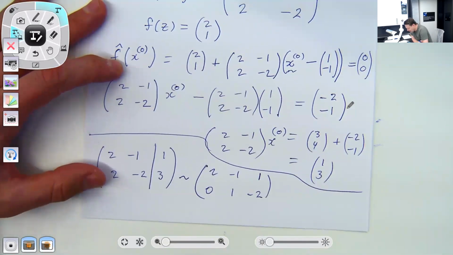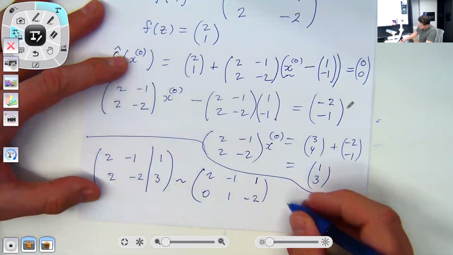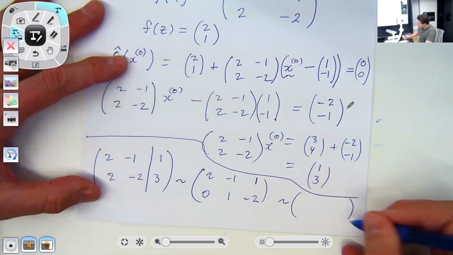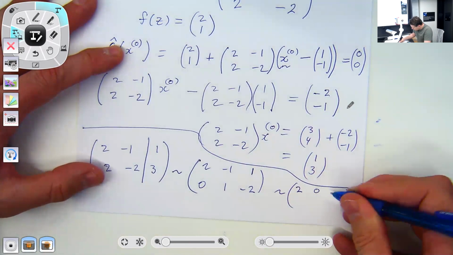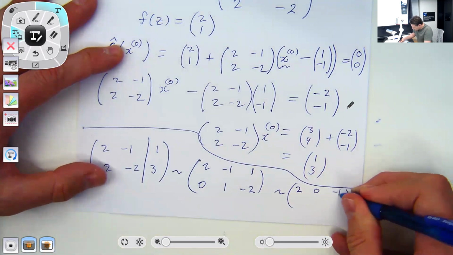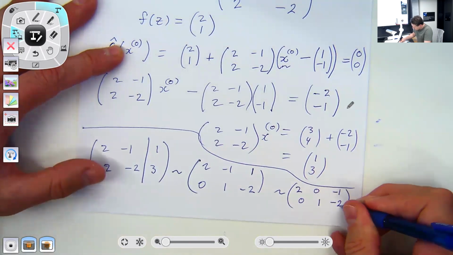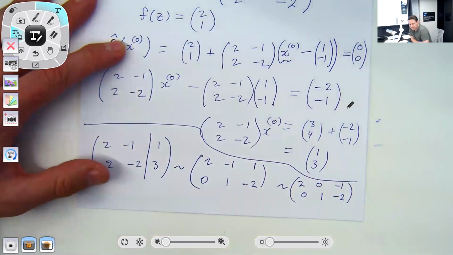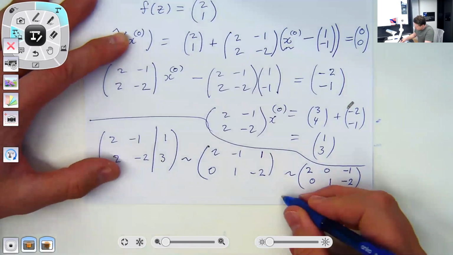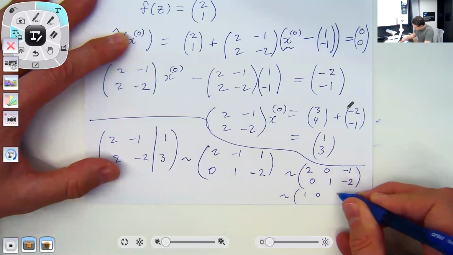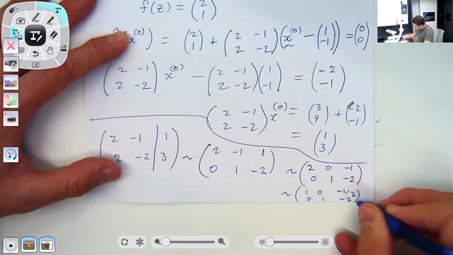Now we can do some more. So now let's add row 1 and row 2 and make that the new row 1. It's a little bit messy now. So now we'll have 2, 0, minus 1, and 0, 1, and minus 2. Okay, great. So now all I have to do is divide row 1 by 2. And what we get is 1, 0, minus 1 half, and then 0, 1, minus 2.